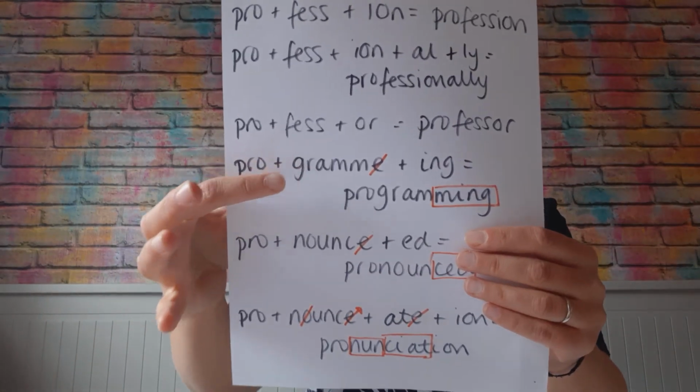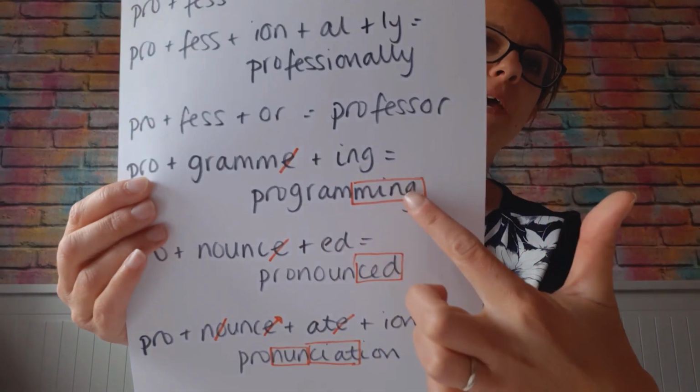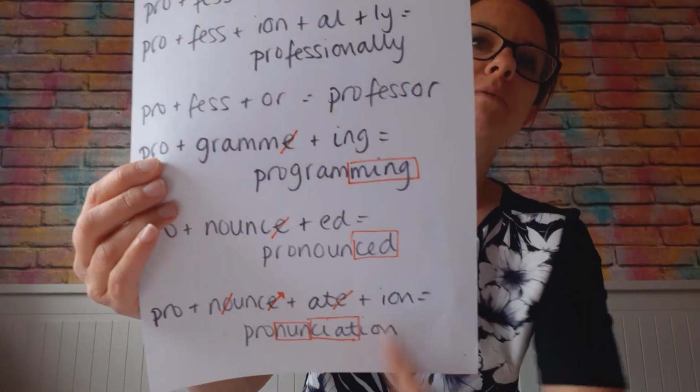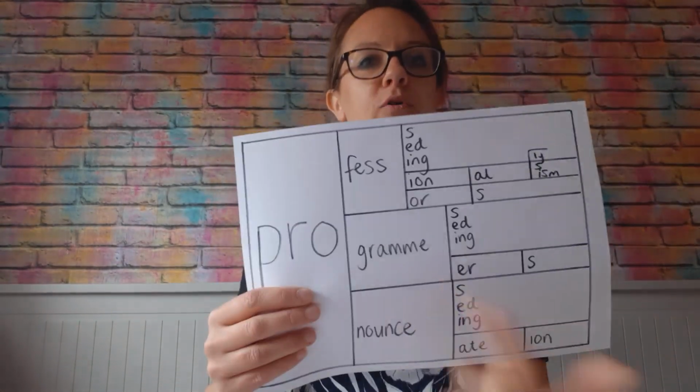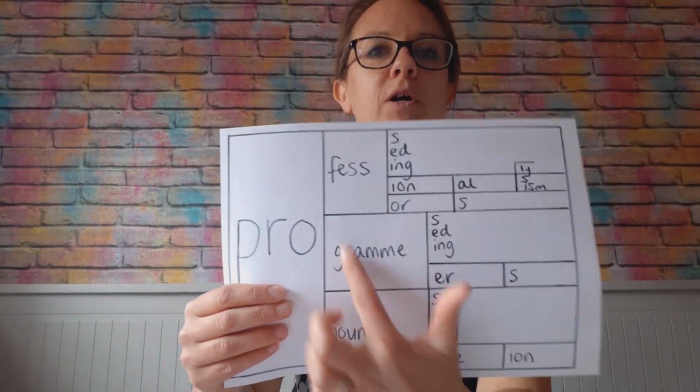So if you think about a program for an event, like an agenda, or the programs that are on television, it means they're programmed in to be on at that point, and then it kind of took that noun meaning a bit later on. So program, I've put here programming. You can see we drop the E when we add the ing, okay, but that's sort of interesting. You have a programmer, somebody that programs as well, but that's that root.